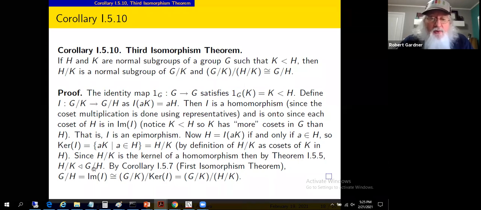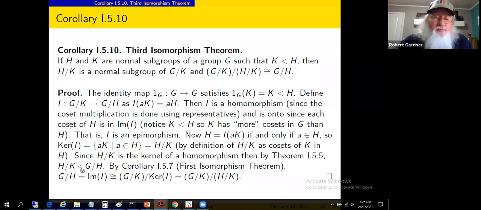So we really do have a normal subgroup here, and we really can take a quotient group of this mod that. So this quotient group really is defined. And the first isomorphism theorem says G mod H, that's the image of I, where did we establish that?